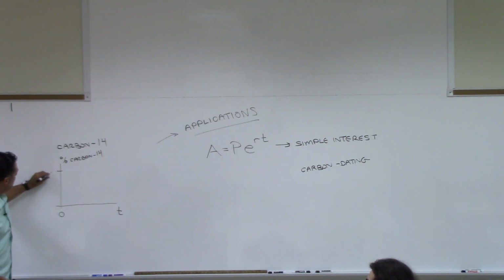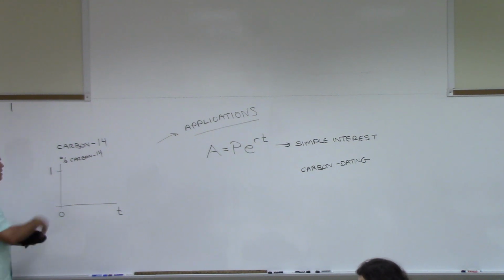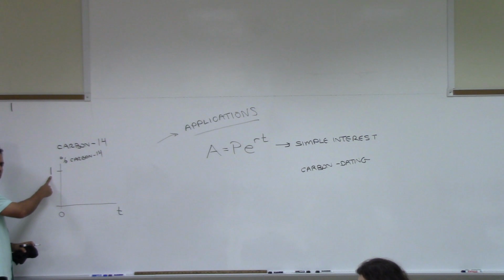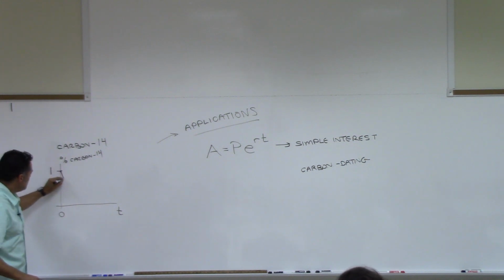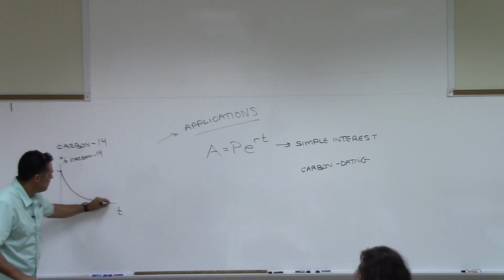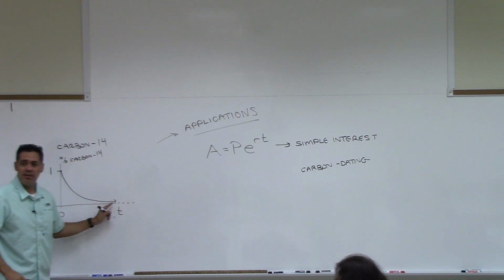When they die, the amount of carbon-14 present is 100%. So I'm just going to put 1, because 1 means 100%, right? Move the decimal 2 places to the right, that's 100%. So whatever dies, at time equals 0, it has 100%. And then you get exponential decay. It starts to decay down like this, and it never actually goes to 0.